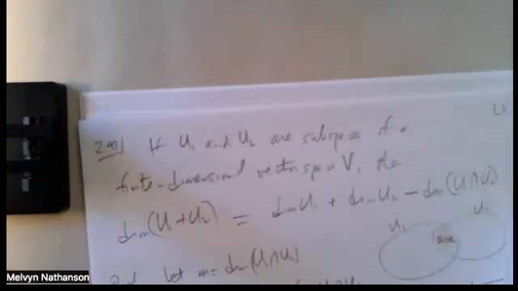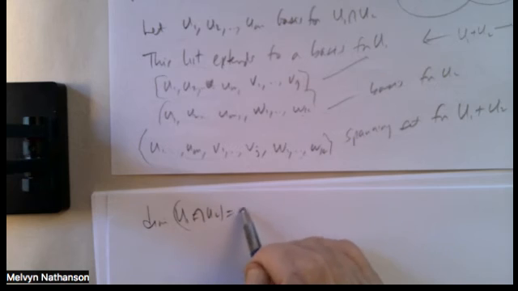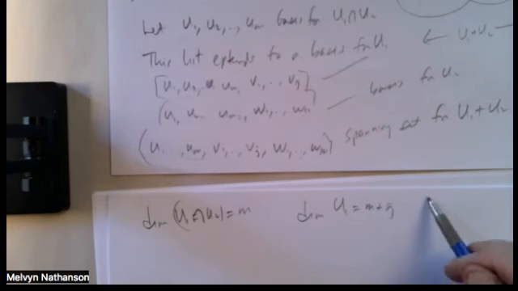So what we can say from this is the dimension of U1 intersect U2 was M. The dimension of U1 is M plus J. The dimension of U2 is M plus K. And the dimension of U1 plus U2 is spanned by a set of M plus J plus K vectors, so it's at most M plus J plus K. But in fact, I claim that the dimension of U1 plus U2 is equal to M plus J plus K exactly.